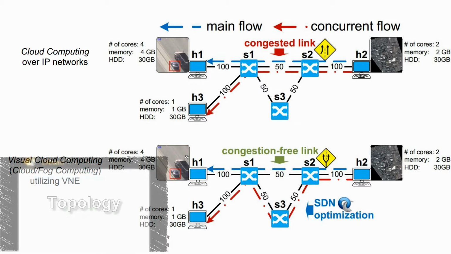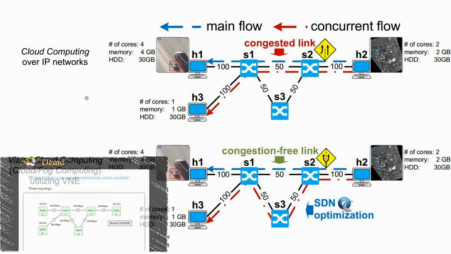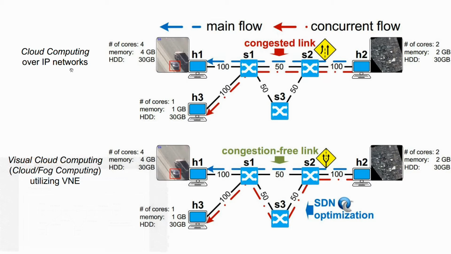Instead, we came up with a simple test bed similar to the previous video, where in one case we're doing cloud computing over a traditional IP network, which results in congestion in the network in the middle of this test bed.